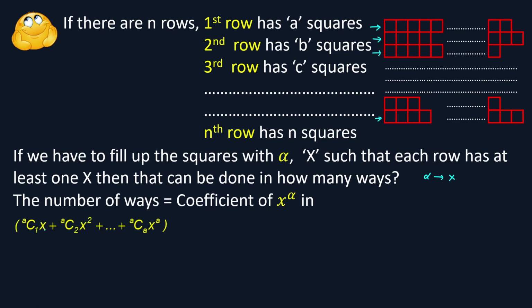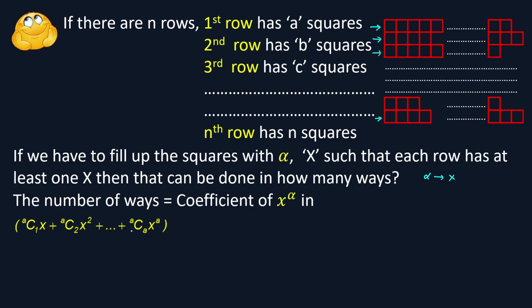That is why I have to choose at least one square from each row. So for the first row, it is aC1, that is, I am choosing only one square. That can be done in aC1 different ways, into x, plus, meaning or, we can choose two squares. So that can be done in aC2 different ways, into x square.